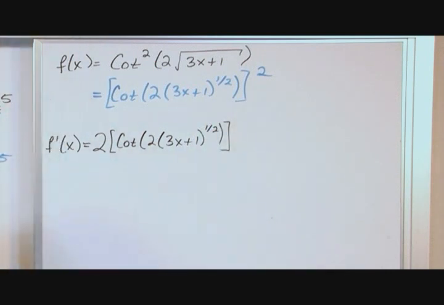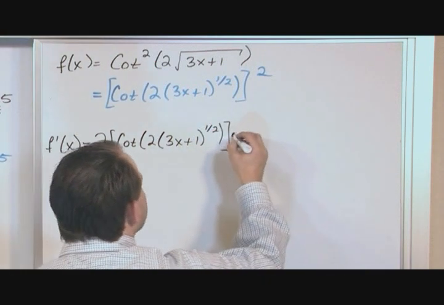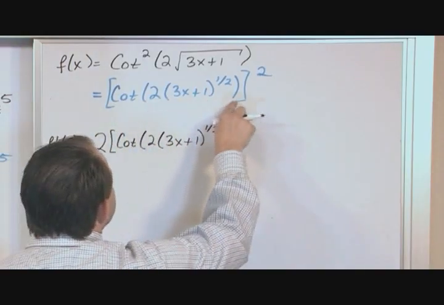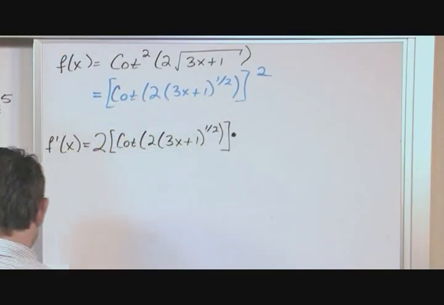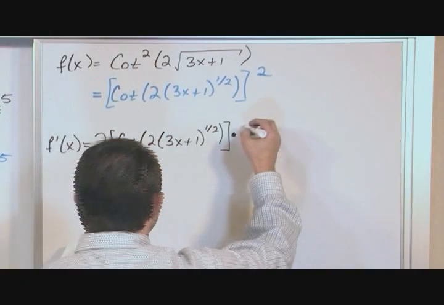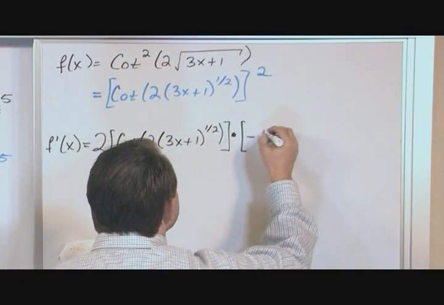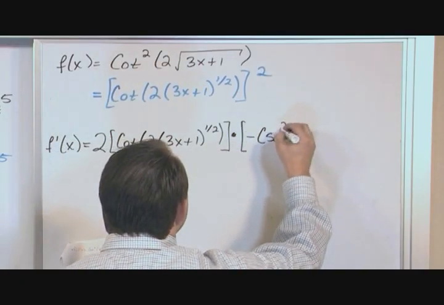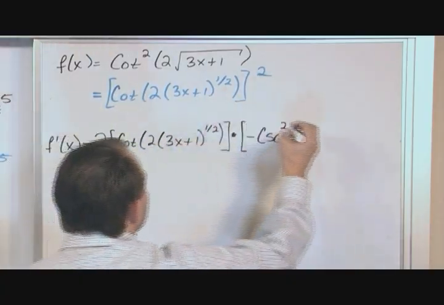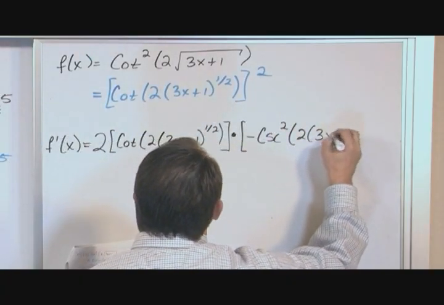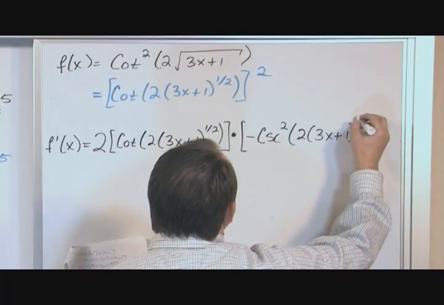Okay, that's the outermost layer of the onion. Then we have to multiply by the derivative of the inside here, the entire cotangent. What's the derivative of cotangent? It's negative cosecant squared. So what you'll have is negative cosecant squared of the inner guy, which is 2 times 3x plus 1 to the 1/2.